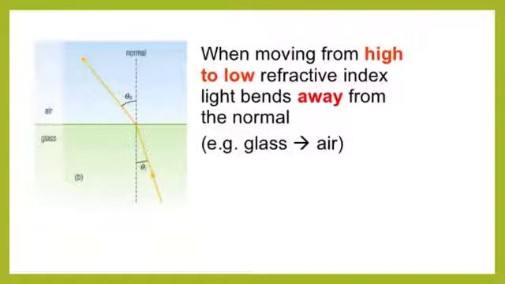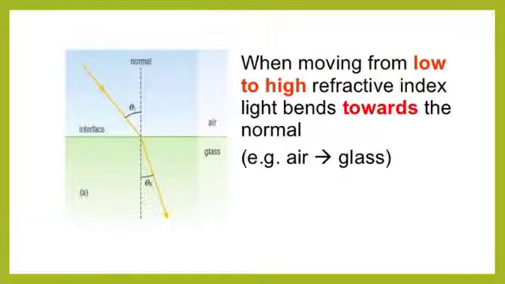So the refracted ray bends away from the normal. Here the angle of incidence is less than the angle of refraction. So when a ray of light moves from high to low refractive index, light bends away from the normal.